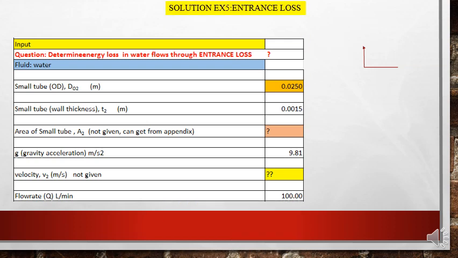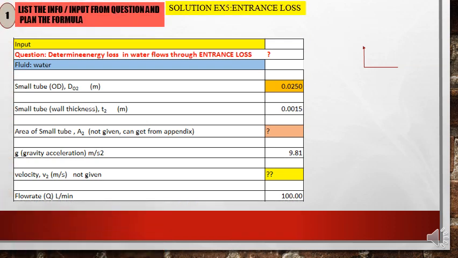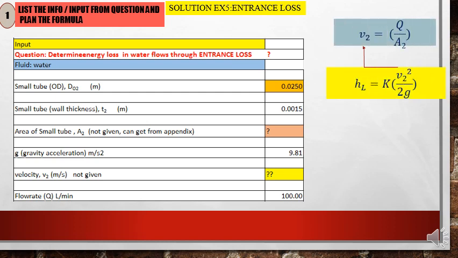Okay, so the solution is very straightforward. As usual, you just need to list down all the info given in the question, and sketch the formula that we're going to use. For example here, the diameter of the pipe, the smaller diameter, is given here, the diameter DO2, and this one is the thickness.